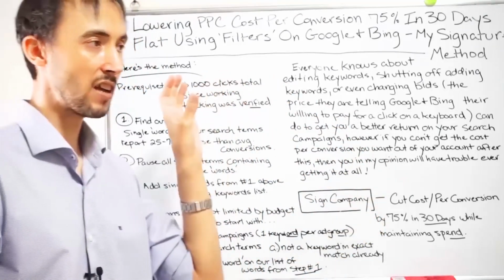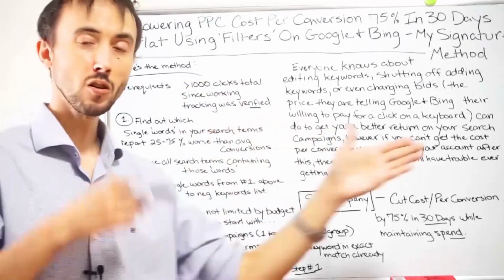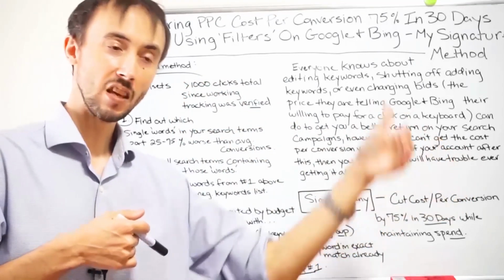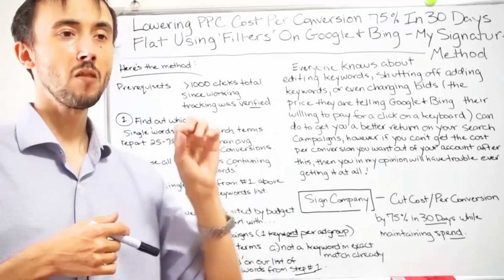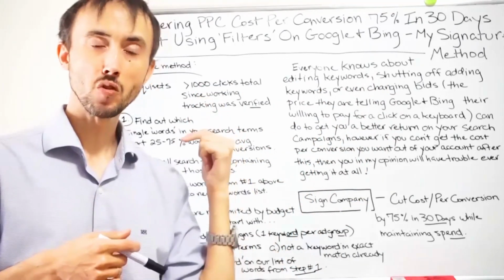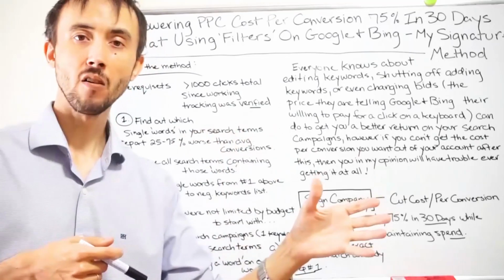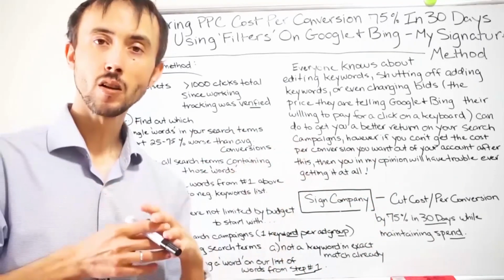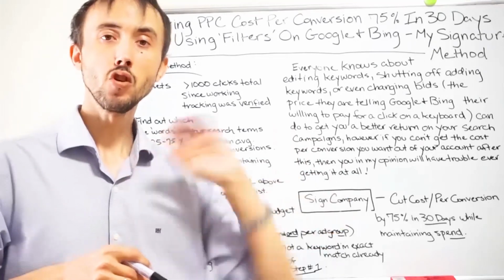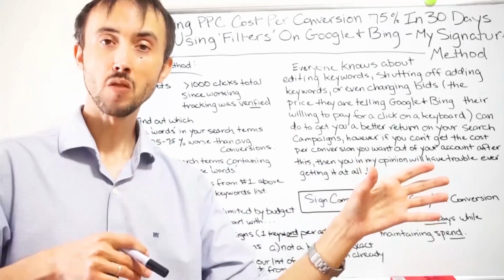You're going to have to analyze all your search terms in general, and then specifically the individual words within those search terms, to identify actual keywords you're bidding on that you want to filter out in order to hit your target cost per conversion, and also not cut down too much of your overall volume or potential from your campaigns in general.